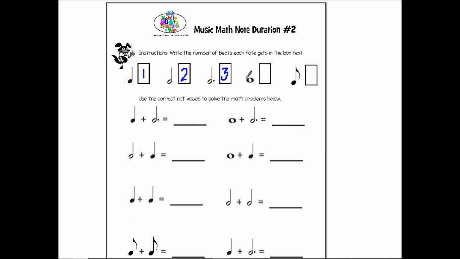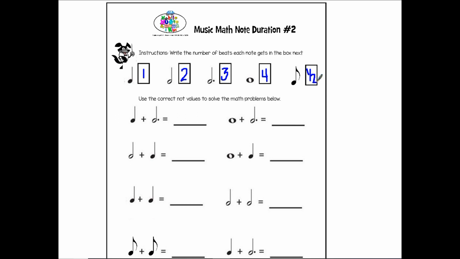And this little note that looks like a donut, you're right, it's a whole note. And yes, it gets 4 beats. What type of note is this? It's an eighth note. And an eighth note gets, this is a little tricky, yes, 1/2 of a beat.